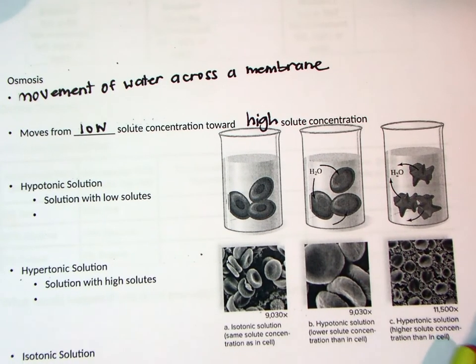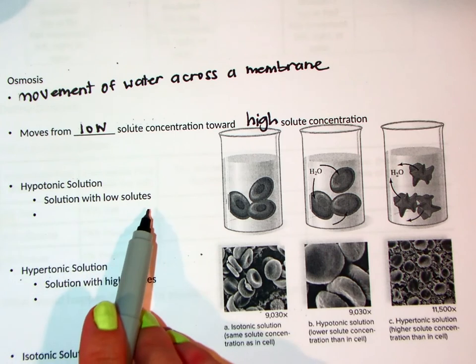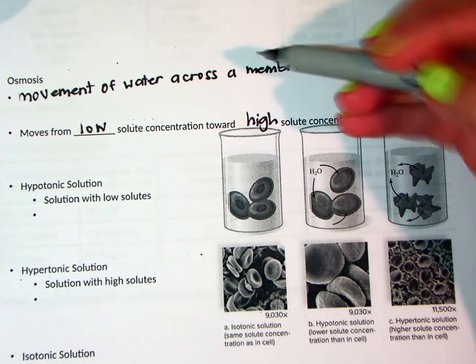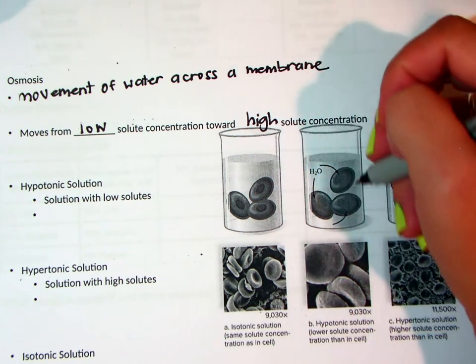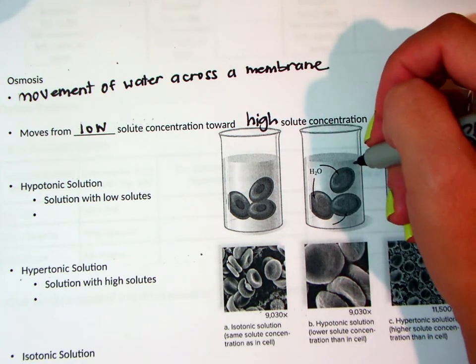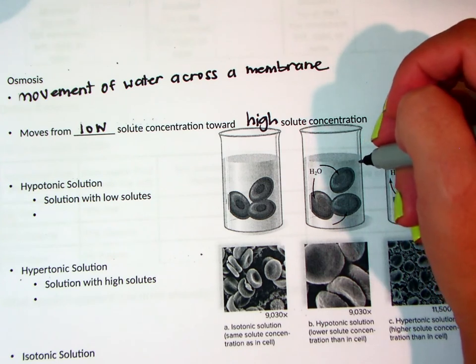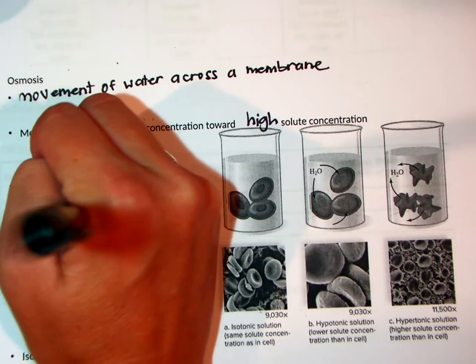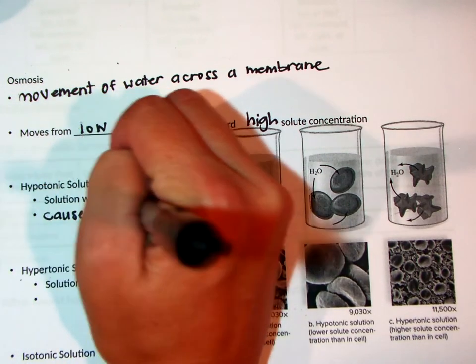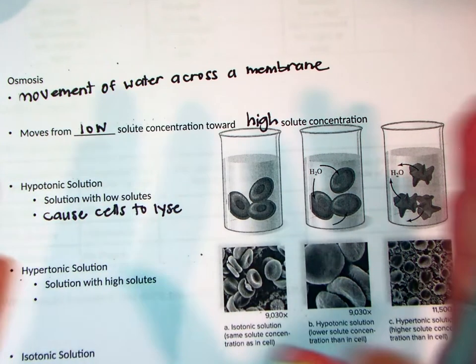So in a hypotonic solution, this is a solution with low solutes. It doesn't have a lot of solutes, like I think the picture is here. So think of pure water as being a hypotonic solution. It doesn't have a lot of stuff dissolved in it, and it causes cells to lyse. And the word lyse basically means to burst or explode.